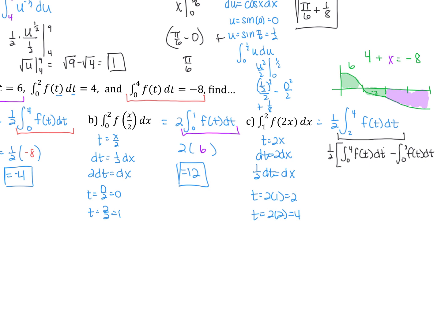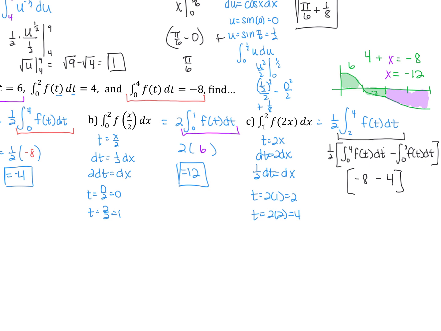Well, if I solve this for that purple region, we get that x equals -12. So I could show my work that way and know that this end result right here is -12, and then I have to take half of it. Or we know that from 0 to 4, this is -8, and then from 0 to 2, it's 4, but I'm subtracting it. That also gives me -12.